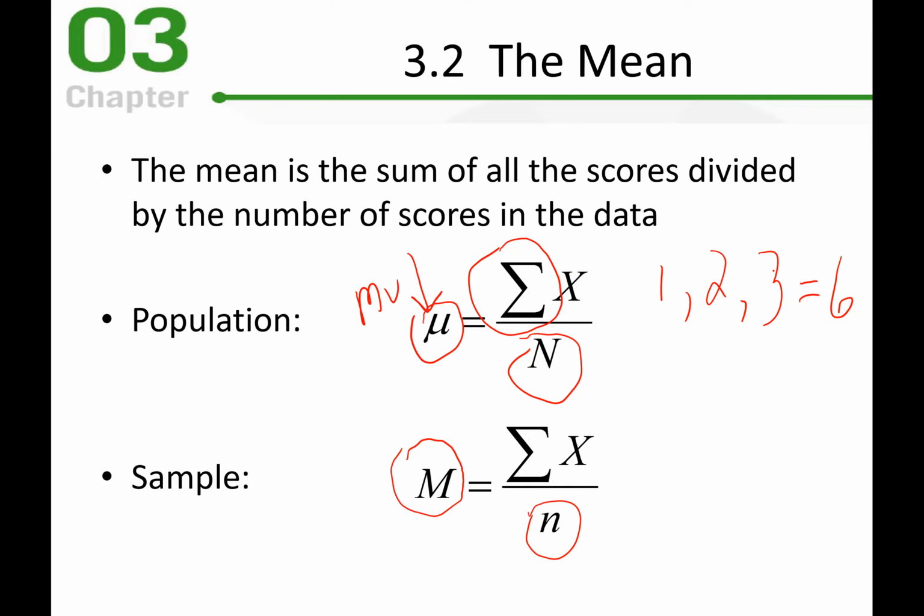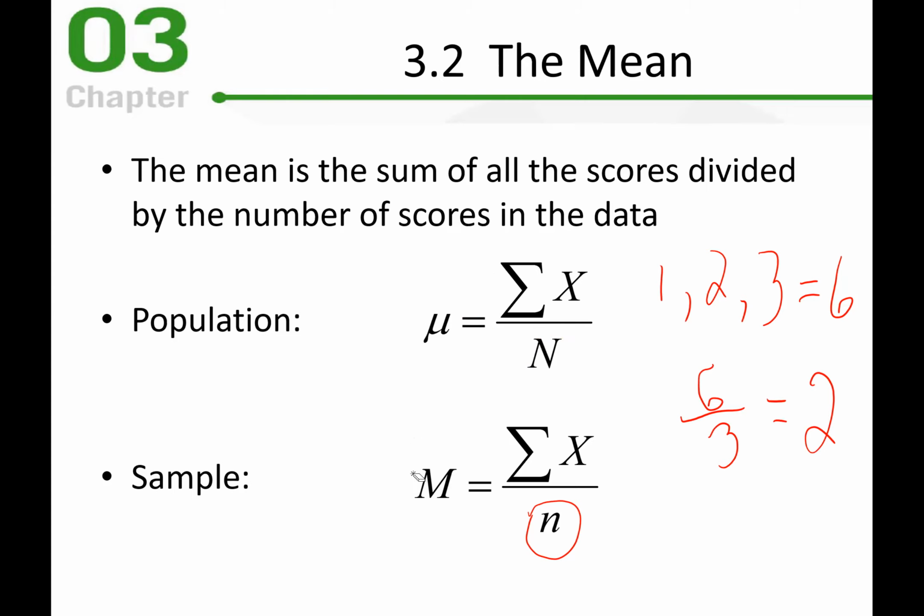We add those up and divide by the population of scores. So 6 divided by 3 gives us 2. That's the population mean. This is a quick one. We're going to do some more with the mean.